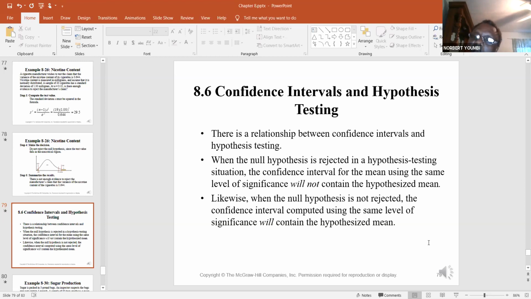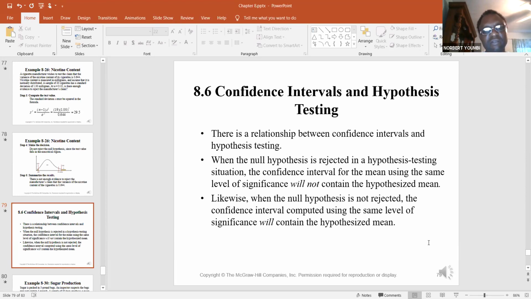So if you compute your confidence interval and the hypothesized mean is in that interval, you do not reject the null hypothesis. If it is not, you reject the null hypothesis. It's as simple as that, to use a confidence interval to test hypothesis.